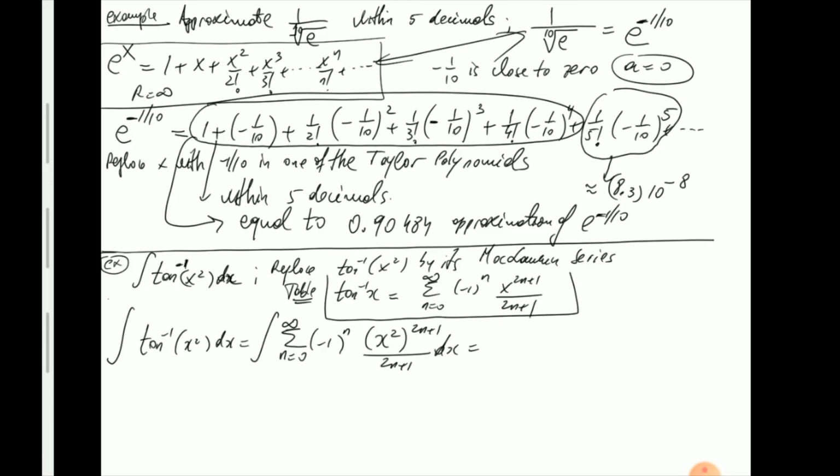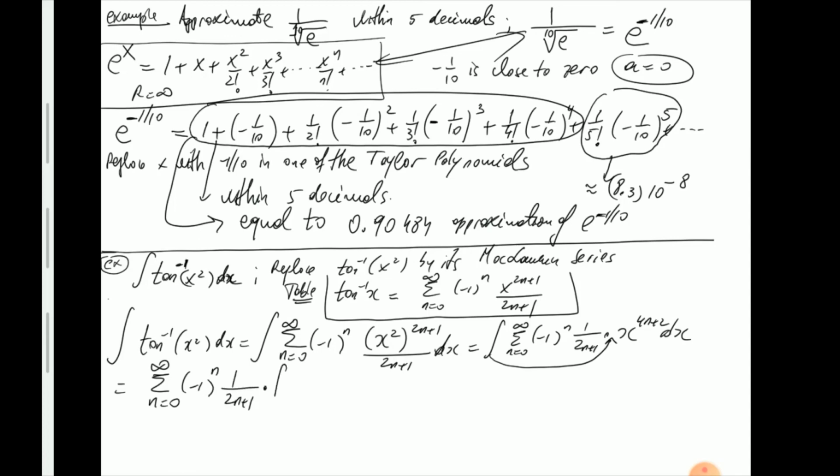And then after you separate the constants, so let's see, we have 1 over 2n plus 1 and then x to the power 4n plus 2. Then you're going to integrate inside the summation. So the integral of a sum is the sum of the integrals. Any constant with respect to x is outside of the integral.